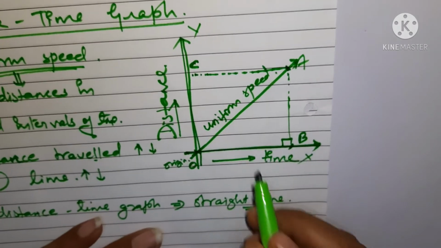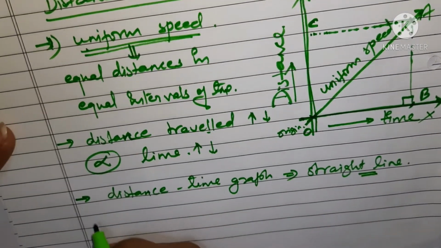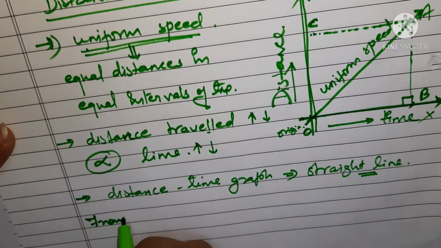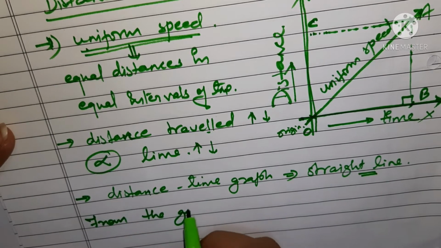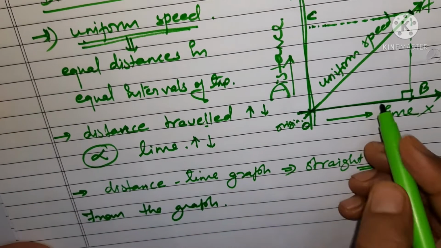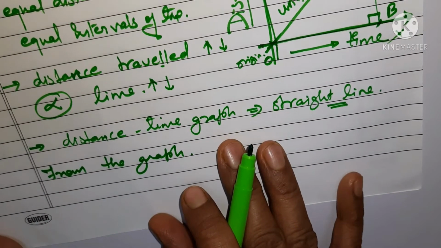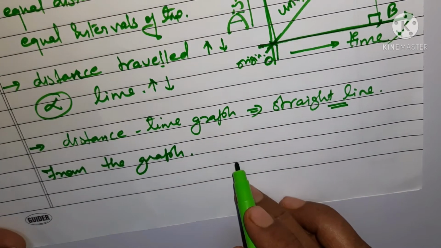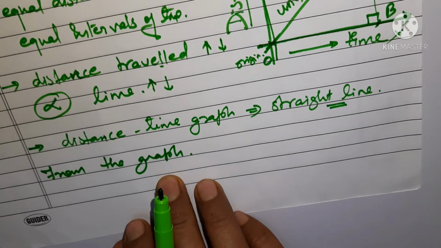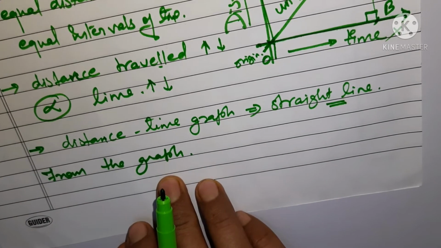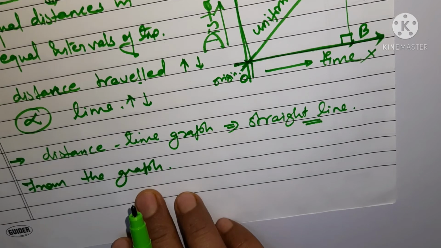So what can you observe from the graph? From the graph you can see that the speed can be given by... The distance time graph of a body actually gives you the speed.